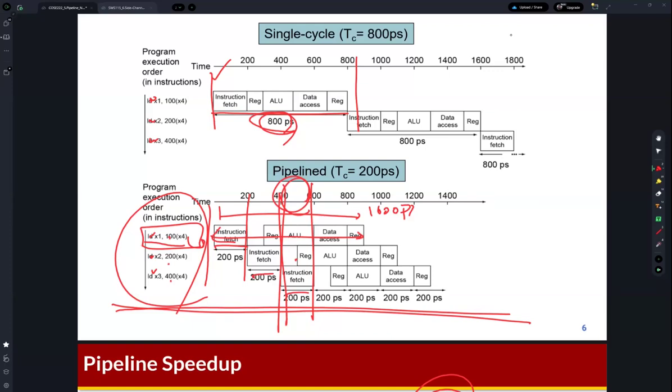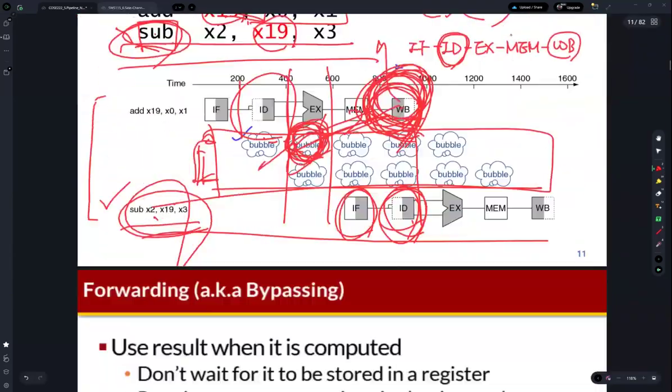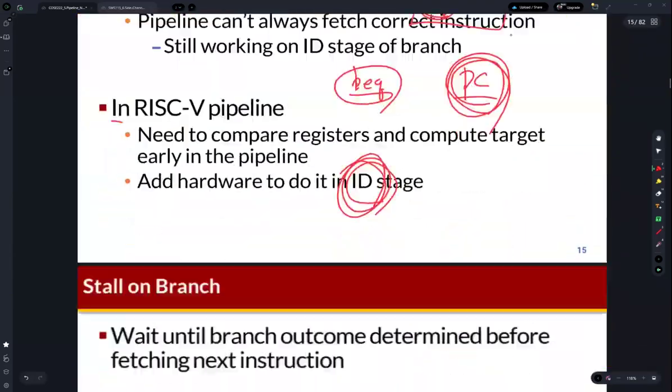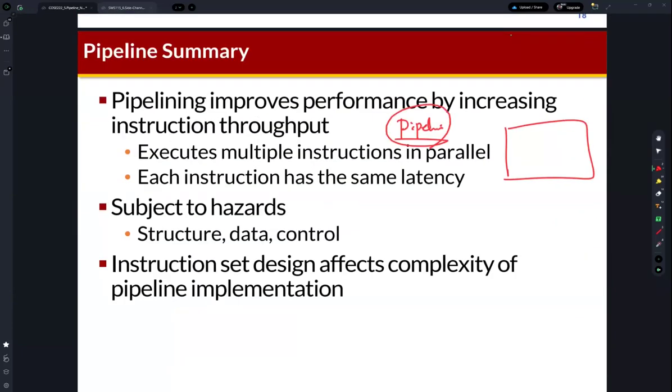That means we can increase the throughput, because multiple instructions are being executed in parallel by different stages.